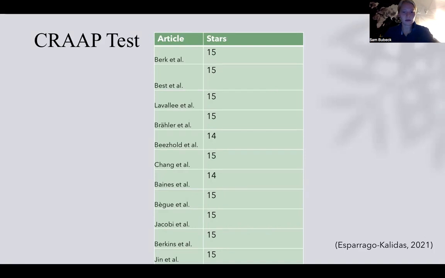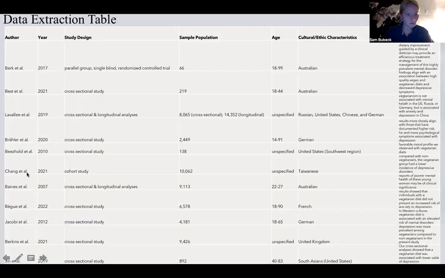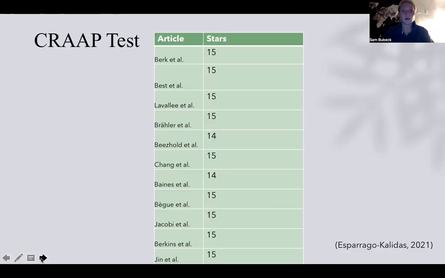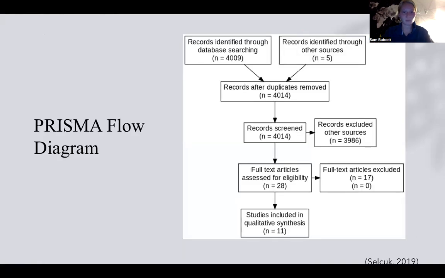The only two studies, Beeshold and Baines, were a bit older. I believe Beeshold was conducted in 2010, and Baines was in 2007, but they were both good enough, important enough articles to include. They had pertinent information. I could not nix them.